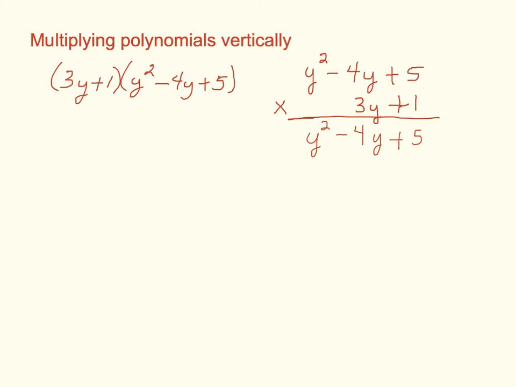Now watch what I do when I move over to the 3y. I have 3y times 5. That's going to give me 15y. Notice I'm multiplying the 3y now times the 5, times the negative 4y, and times the y squared, 1 by 1. So 3y times 5 is plus 15y. And notice I'm writing it underneath the other y's.